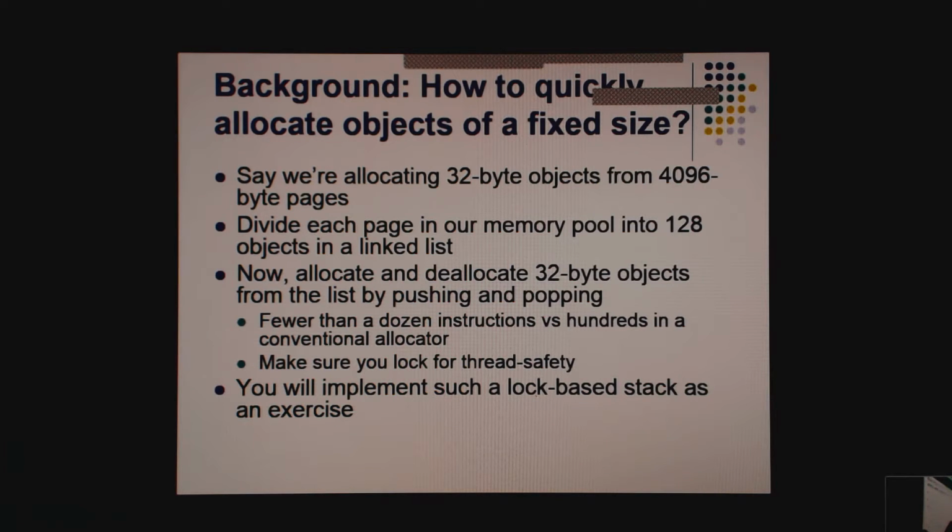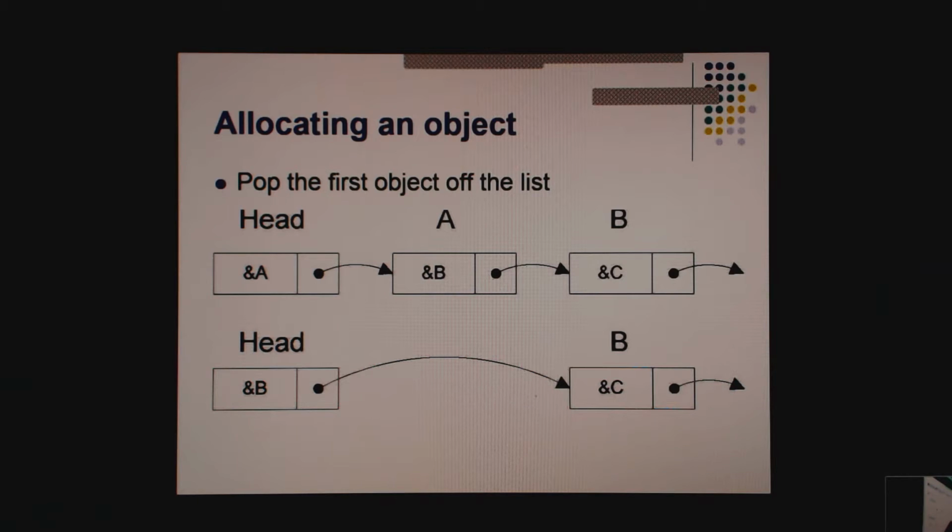And now allocate and deallocate the 32-byte objects from the list by pushing and popping. This is fewer than a dozen instructions versus hundreds of instructions in a conventional allocator, and lock appropriately for thread safety. For those of you who wanted to do our homework exercise here.